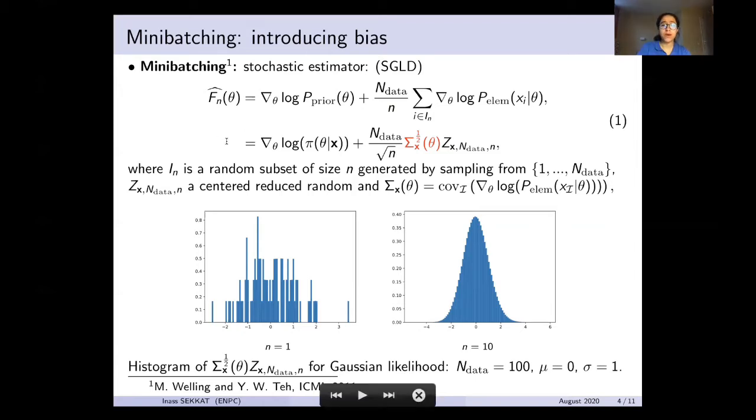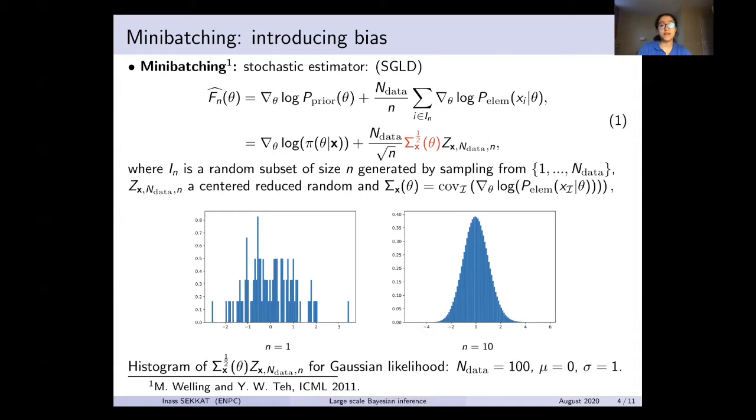We can rewrite the stochastic estimator as the exact gradient plus a stochastic term, where sigma x is the covariance of the elementary probability of x, where expectations are taken over I, which is uniform from 1 to n. Z here is a centered reduced random variable.